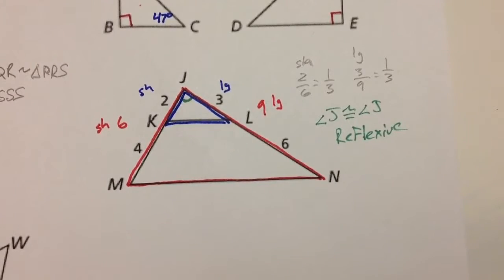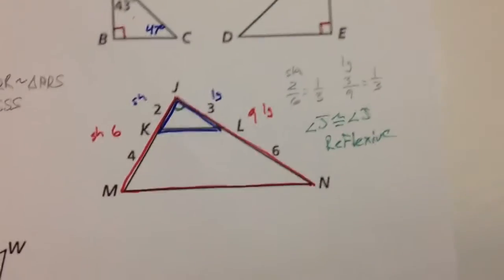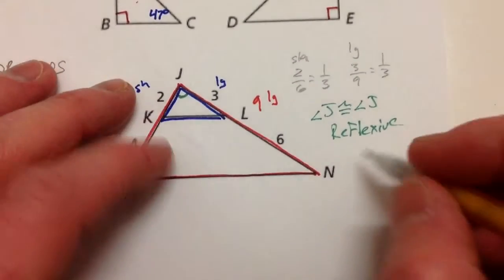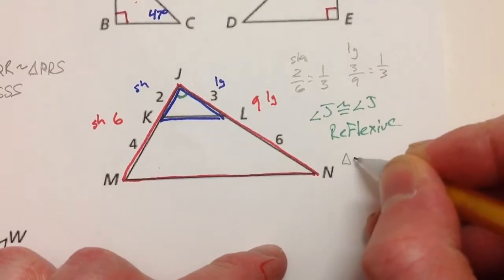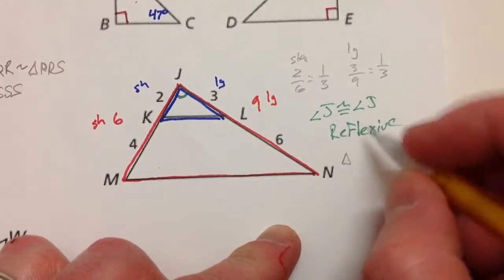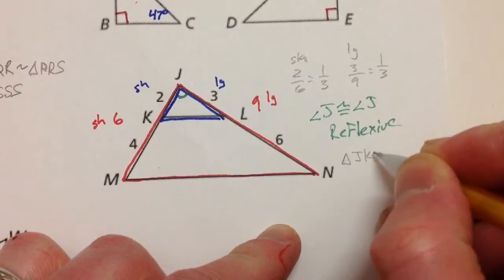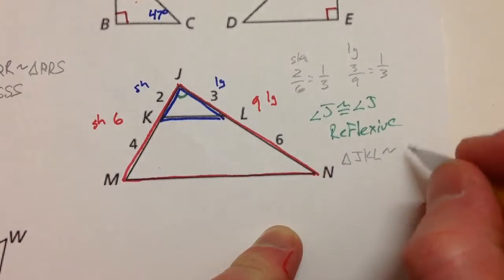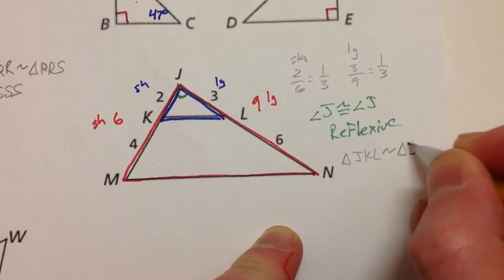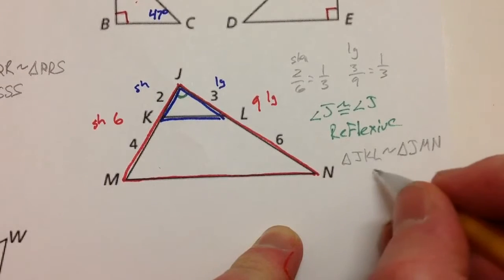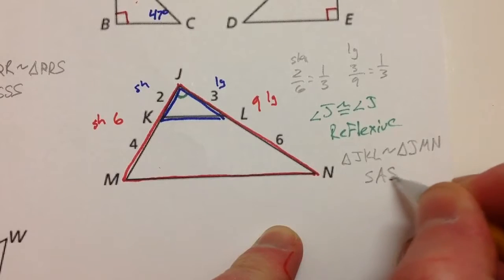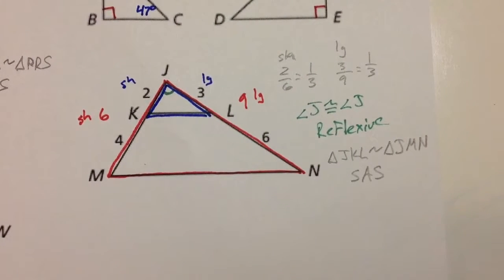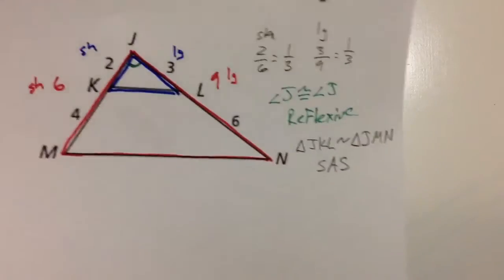Now, let's say for our congruency statement, we start out with JKL. That would be similar to JMN, just kind of go in the same direction around the triangle. And that is by side angle side.